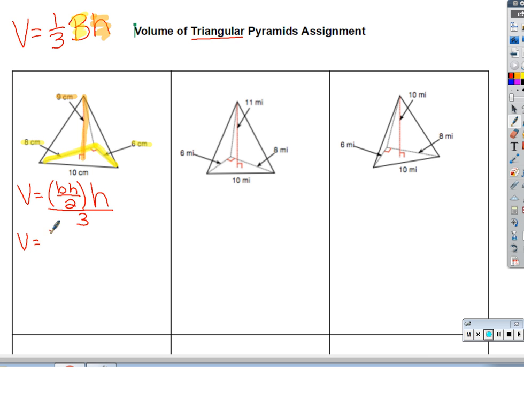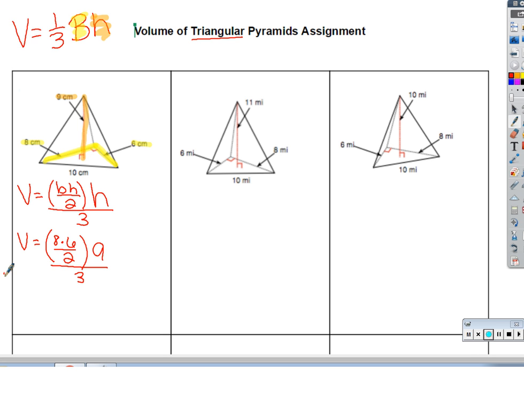Okay? So volume equals, what's the base and height of my triangle? 8 and 6. So I have 8 times 6 divided by 2. What is the height of our pyramid? 9. Then I'm going to divide all of that by 3. Okay?